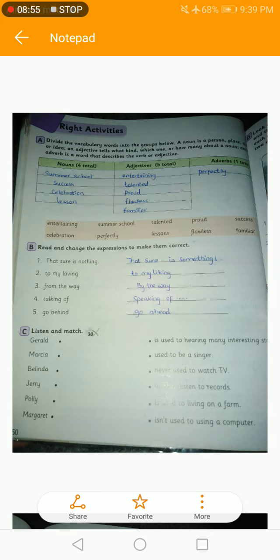Write activities of unit 6. Exercise A. Divide the vocabulary words into the groups below. A noun is a person, place, thing, or idea.